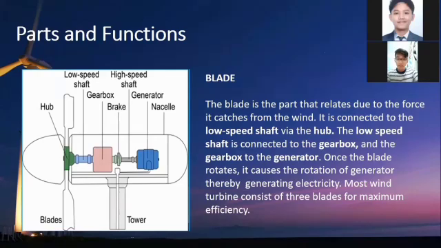Like I said earlier, they are all connected. When the blade rotates, all of these will function. Once the blade rotates, it causes the rotation of the generator, thereby generating electricity. Most wind turbines consist of 3 blades for maximum efficiency. So next.